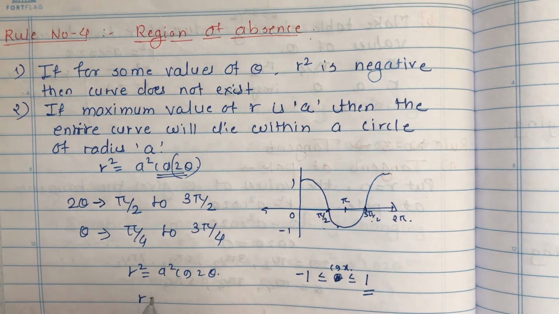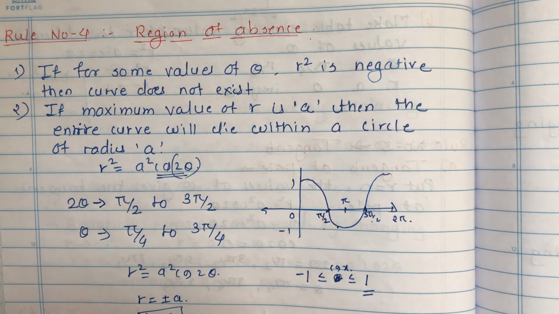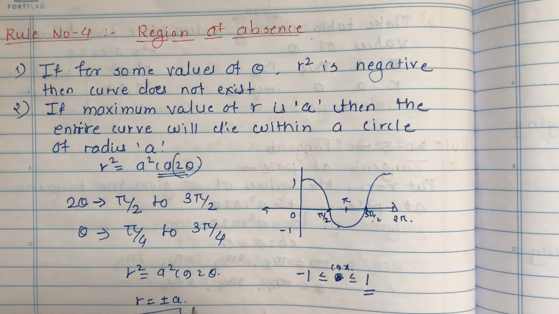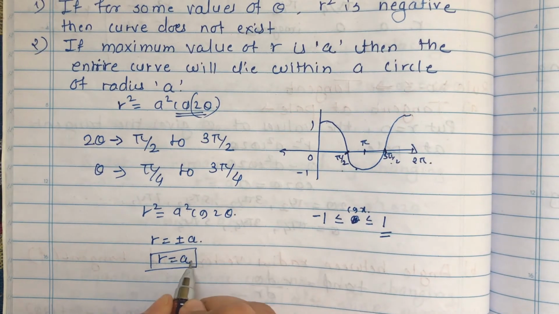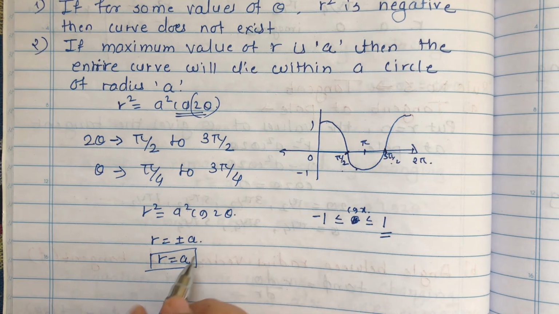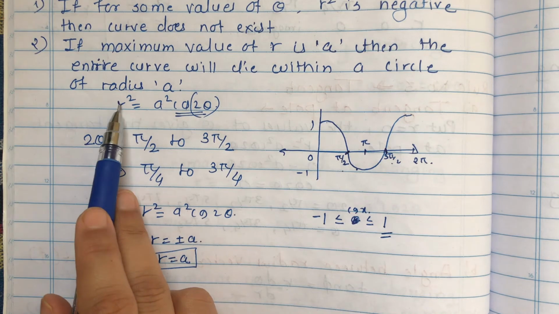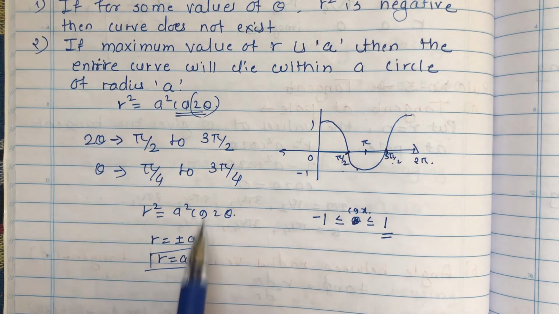So r is equal to what? We will get plus or minus a, but again we will consider r equal to the positive value of a, because r is a distance from the origin to the point. So we will get the maximum value of r equal to a.